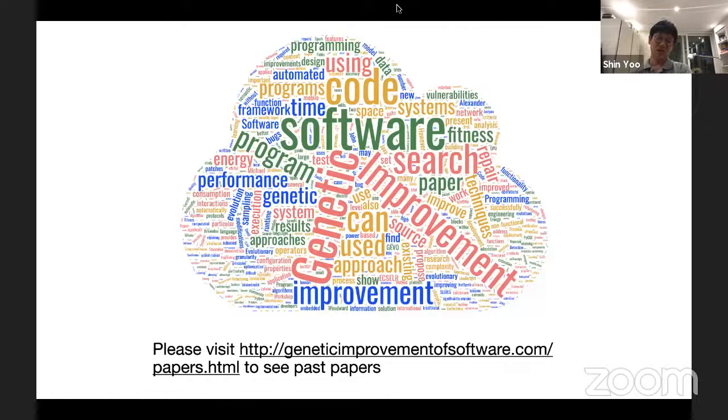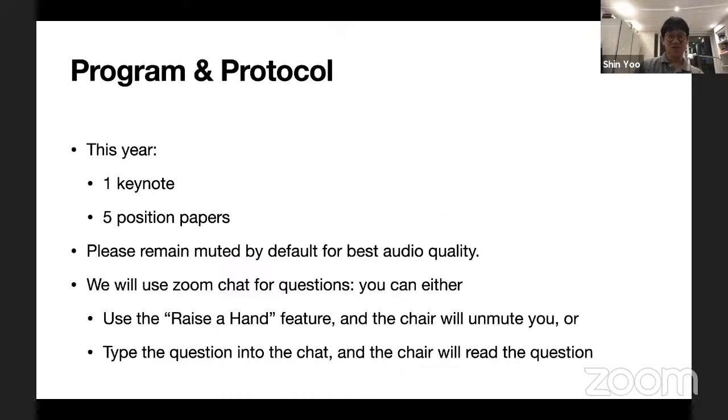You can look at the titles and abstracts from the genetic improvement webpage, whose URL is at the bottom of the screen, and then there's a papers menu. So you can go through them and find some interesting results or arguments for GI there, and you can explore more. So that's the brief introduction to GI, if I may call it that.